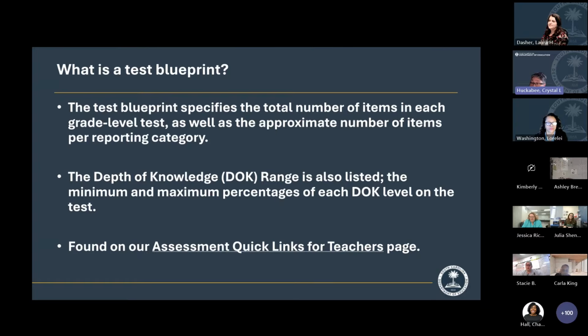The DOK, depth of knowledge range, is also listed, as well as the minimum and maximum percentages of each DOK level on the test. You can access these blueprints on our assessment quick links for teachers page. And I believe Laura has placed that link in the chat to make it easily accessible for you guys.